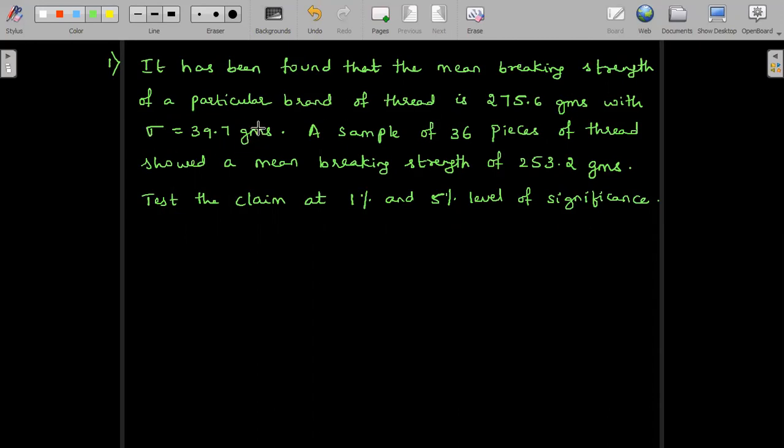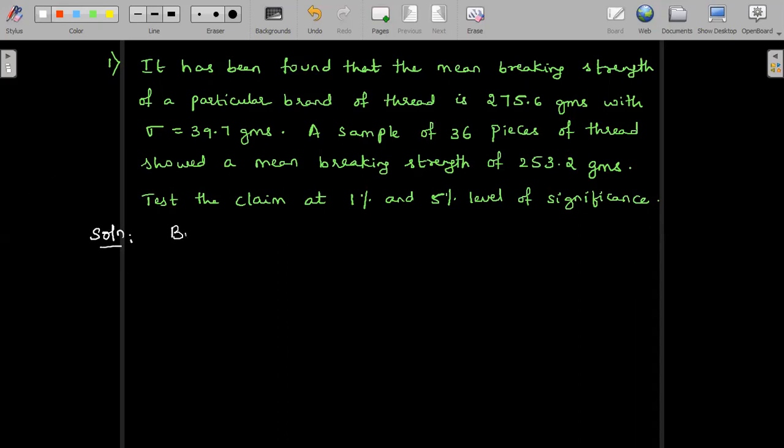Sigma is 39.7 and we are collecting a sample of n equal to 36. So with all these data, we can apply for large samples Z is equal to (x bar minus mu) divided by sigma into root n, and obtain the Z value, and check whether the claim at 1% and 5% level of significances is accepted or rejected.